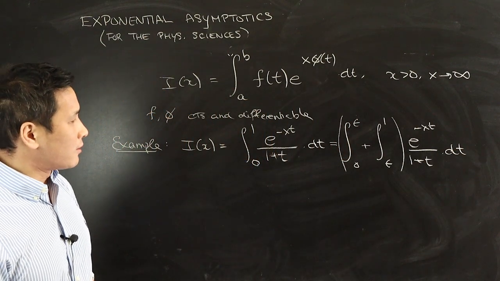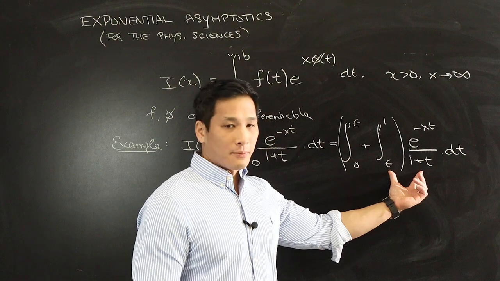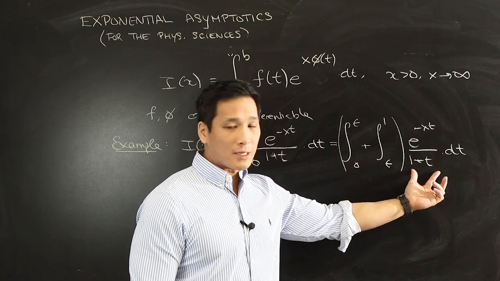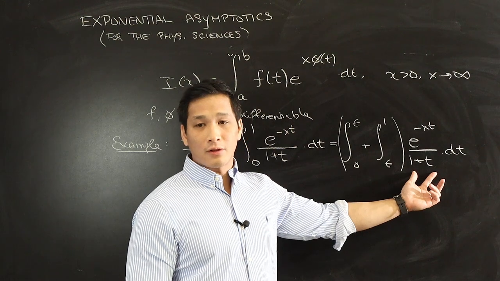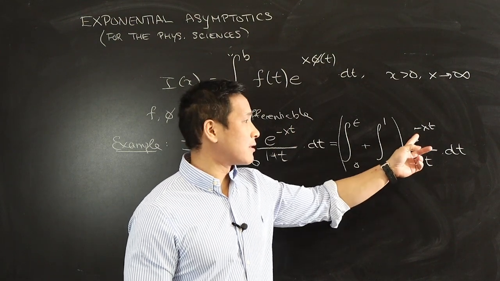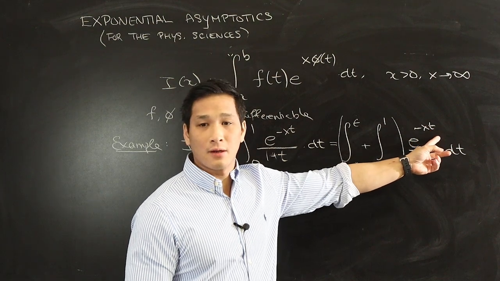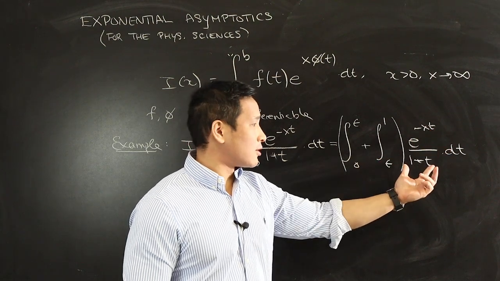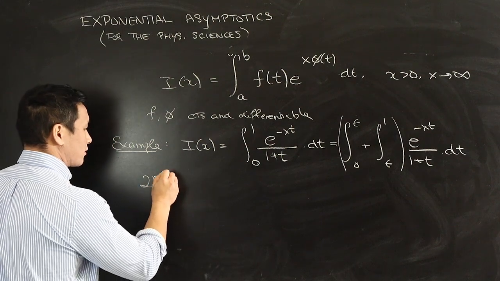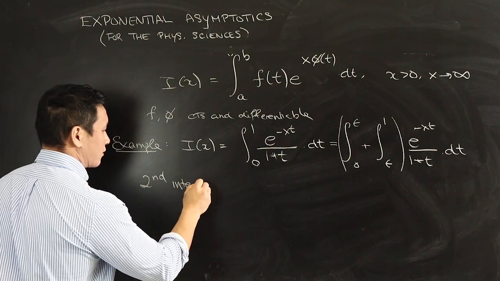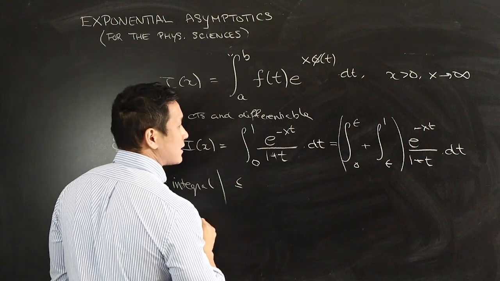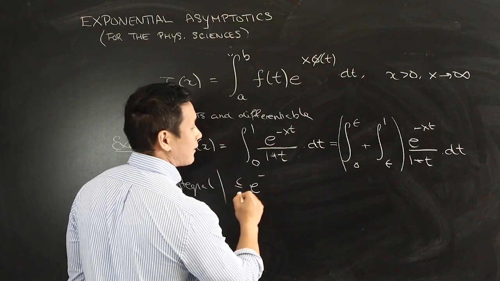Okay, and now let's look at this secondary piece first, right? This is an integrand which is just monotonically decaying. So the largest value of this integrand is basically on the left, where it's e to the minus epsilon times x, right? And so you can essentially bound this. So the second integral, its magnitude is basically less than its value at that left endpoint.